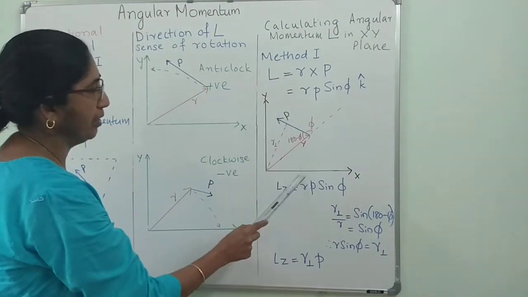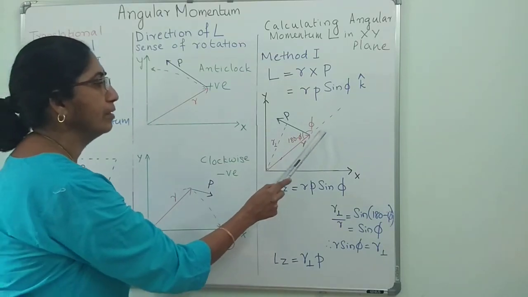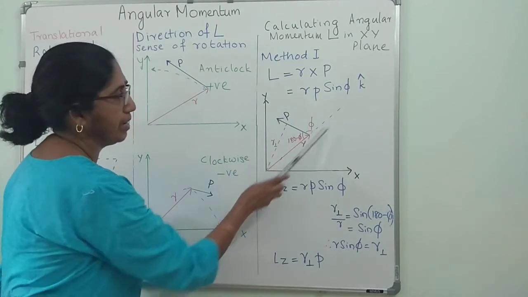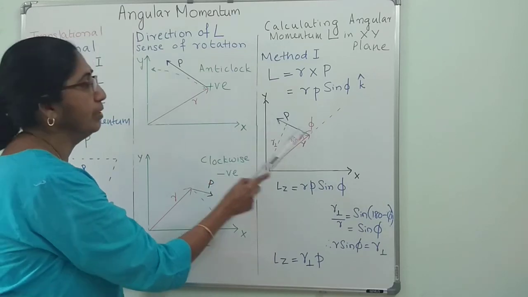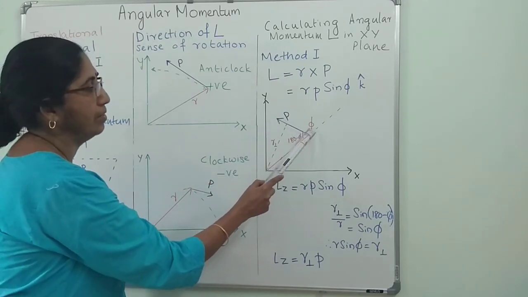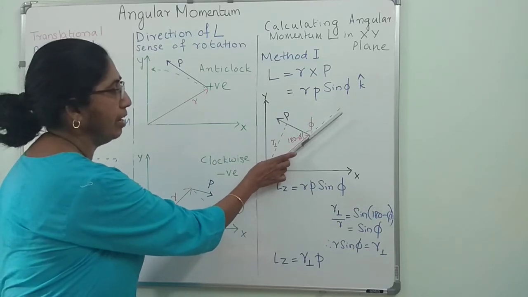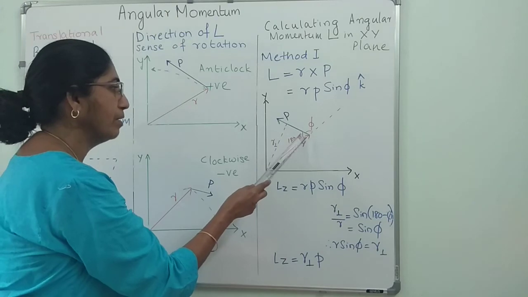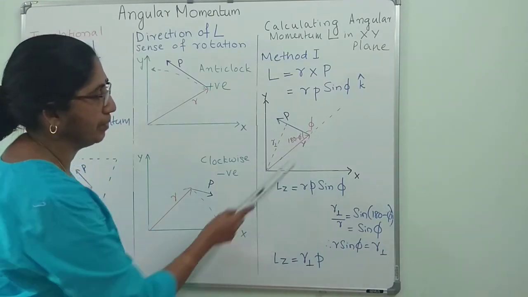Now let us draw x, y. This is position vector R. I can extend it. This is the extension, which shows the direction. It is directed outward. Then you have the momentum P acting in this direction. This I have considered as the angle phi between the direction R and P. So the angle between R and P will be, if this is phi, this angle will be 180 minus phi.